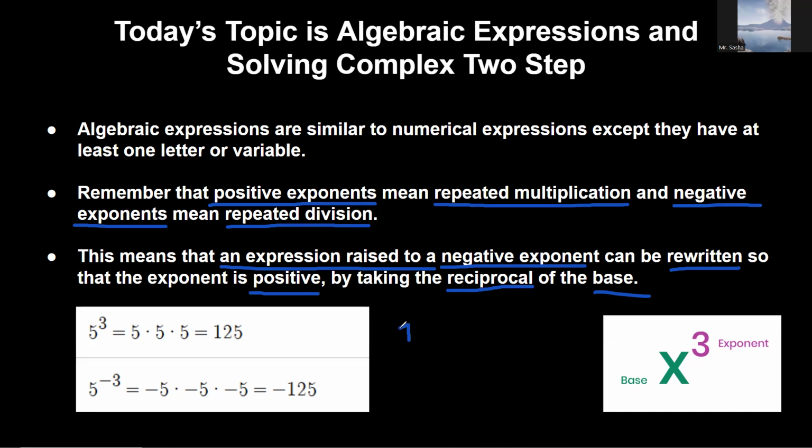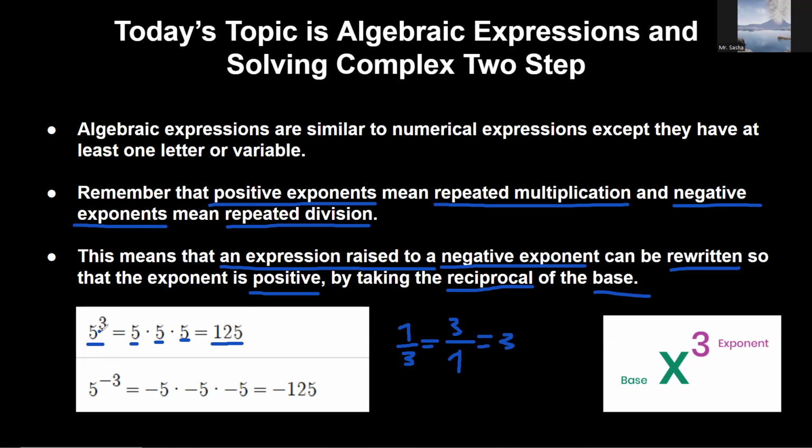Picture 1/3. The reciprocal would mean switching the fraction upside down to 3/1, which of course equals 3. So now let's move on. We have 5 cubed, which equals 5 times 5 times 5, which equals 125.